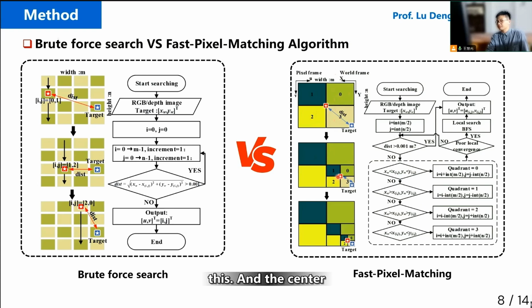Look at this. The center point of the third part is the search pixel coordinate in the second step. For an image with a resolution of 1,200 multiplied by 1,000, we just need 11 iterations to find a pixel corresponding to the 2D welding coordinates theoretically.